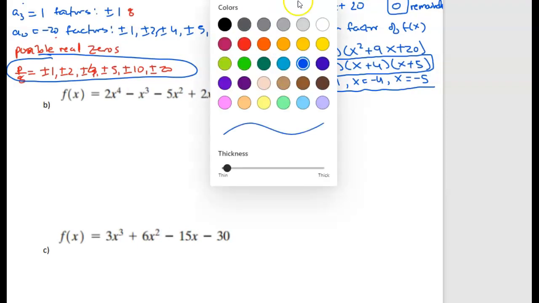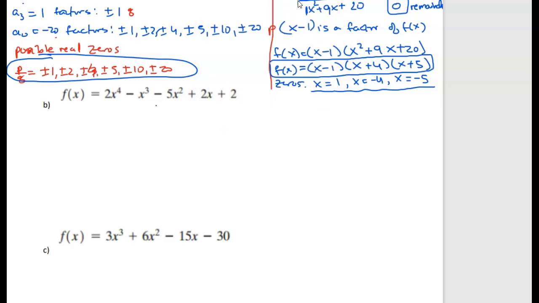All right, let's look at this problem. Keep with blue. So I want to find the zeros of this polynomial function. So I notice it's degree 4, which means I have at most 4 real zeros. All right.